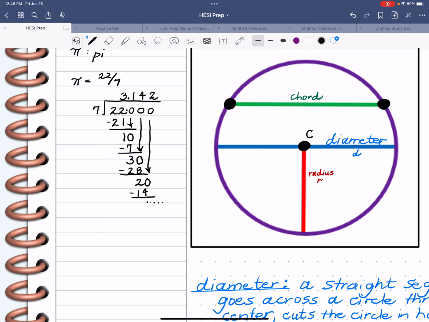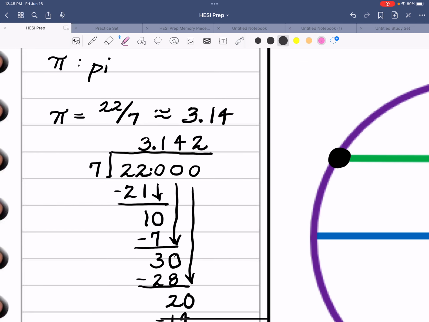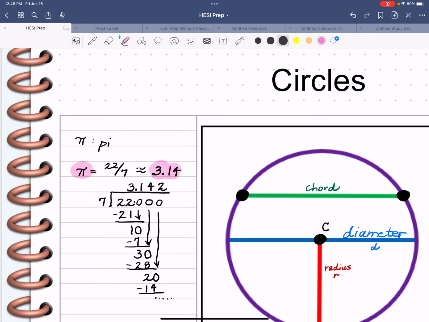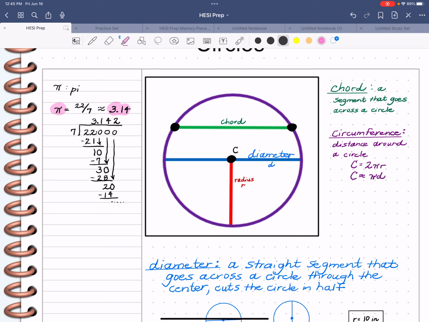But I have enough here to round to say that it is approximately 3.14. And you are safe to use that as your constant for pi. Pi is 3.14. If you like fractions, like I do, I tend to use 22 over 7 sometimes, but either of those will be fine.